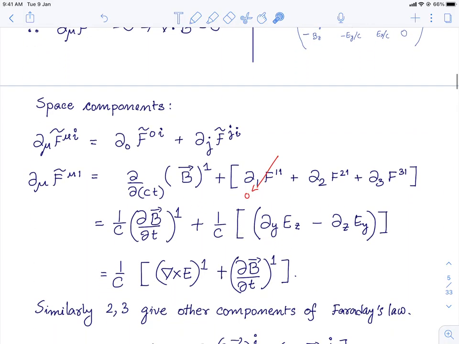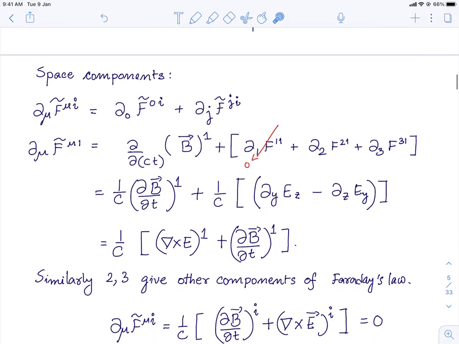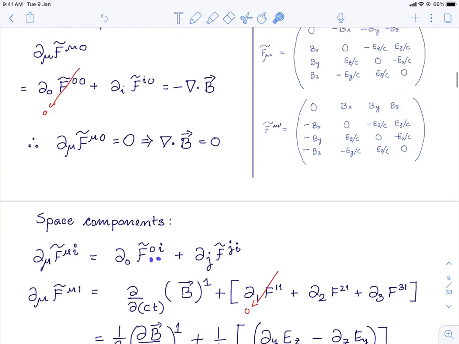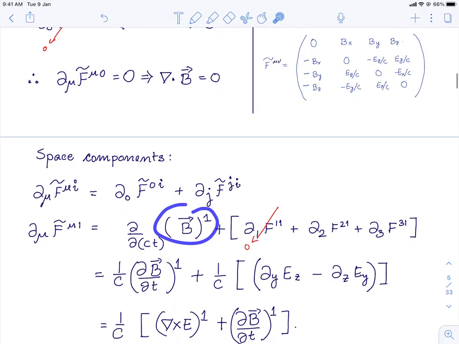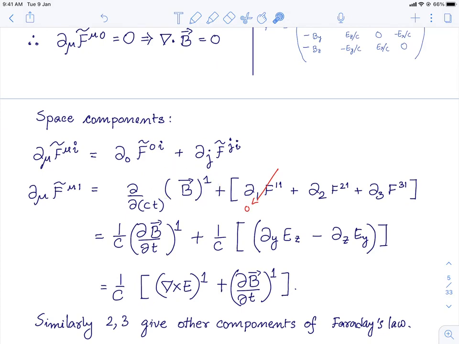So now I'm looking at the spatial components. Let's look at the first component. The first term will be the time derivative of f0i, and f0i, if you go back, is given by the magnetic field, Bx or B1, the one component. Then the spatial divergence will be on f11, f21, and f31. f11 is 0 by antisymmetry because f is an antisymmetric tensor.